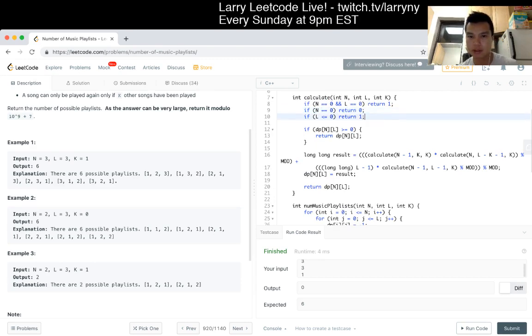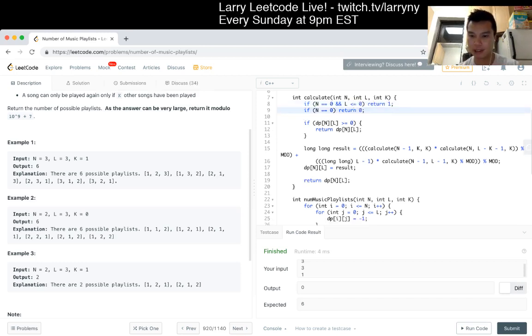No. Yeah, I typed them in a different order. Wait. Is this right? No, if length is okay, I mean this would be okay, but maybe not that.